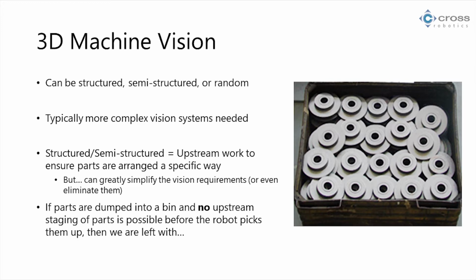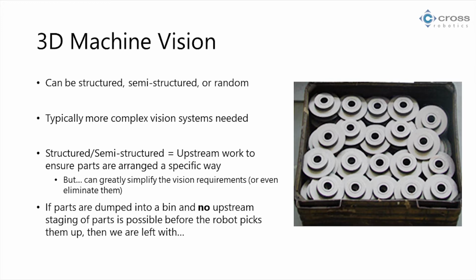So you have a much higher depth of field than just on a surface, right? Semi-structured is kind of like this. You make sure that your parts are maybe oriented roughly the same way, but it's still not just dumping them in a bin. And it's not staging every single part.